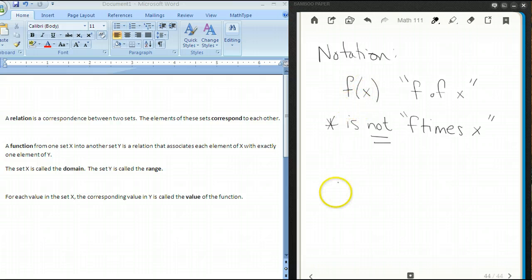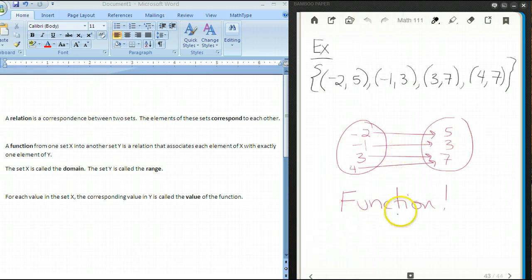Okay, and what does this notation actually mean? What this means is it tells you the value y that x corresponds to under the function rule or the function relation called f, right? So if we had our mapping back here a second ago, where this was a function, I could have labeled this as a function that goes between this set here, this domain.